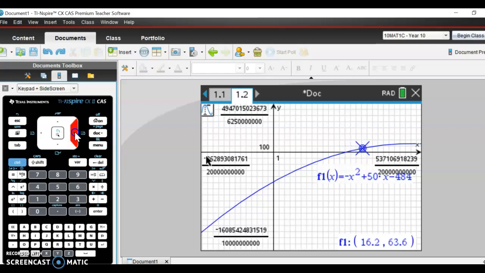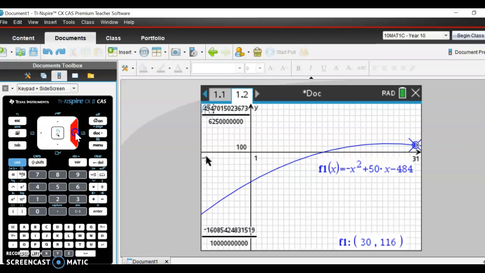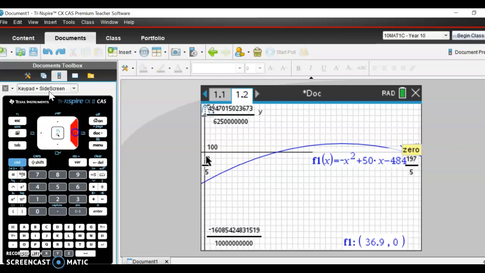And the second one, we could have just traced earlier and waited for it to find it, and the other one is at 36.9 centimeters or 369 millimeters. So all we need to do now is record that.